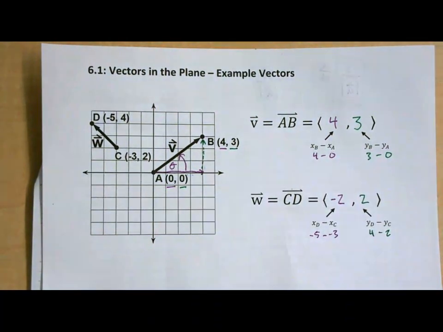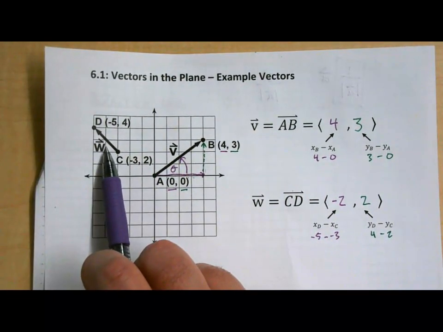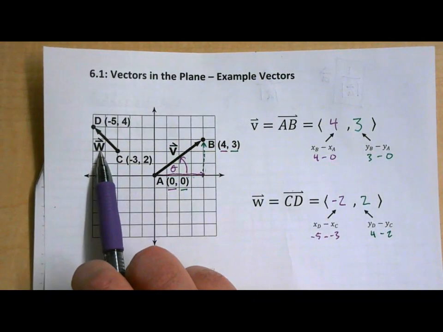It's going to be somewhere between 30 and 45. I don't know exactly what it is. But it's acute. The direction angle for v is acute. How about the direction angle for vector w? Does anybody want to guess? Give me like a ballpark for this one.